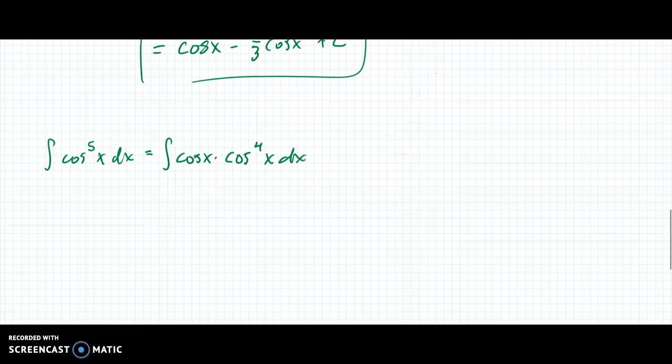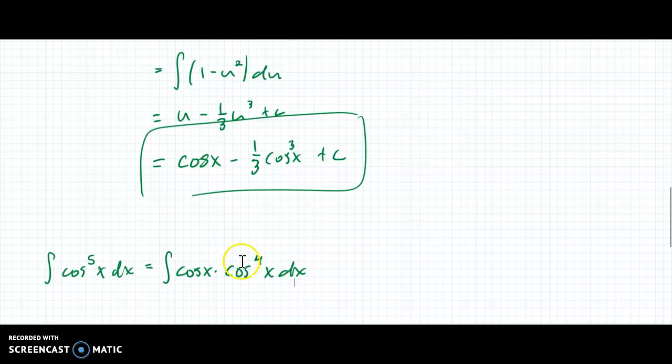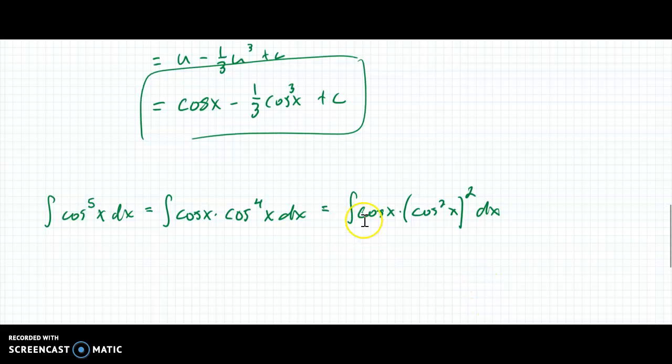And you may be like, well, your little formula up here had squareds, and this is to the 4th. Well, you should know that I can write this as the integral of cosine x times parentheses cosine squared x squared dx. That's totally the same thing as the one to the left there. And then I'm going to use my Pythagorean identity.